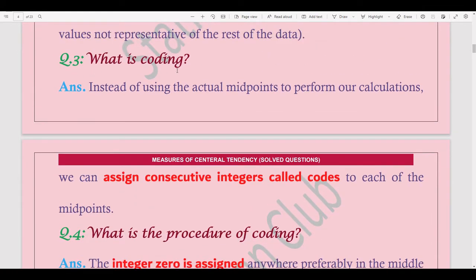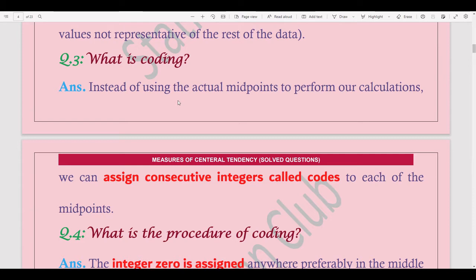Question number 3. What is coding? Instead of using the actual midpoints, we perform our calculation by assigning consecutive integers, called codes, to each of the midpoints. As you know, the coding formula, coding is represented by u = (x - a)/h, where a is the assumed mean.